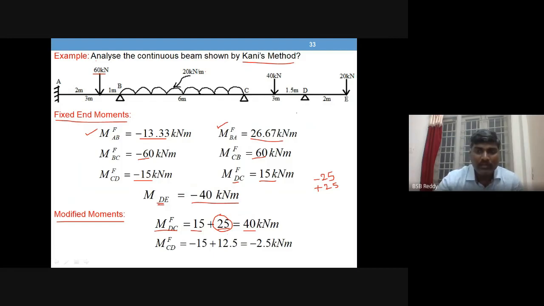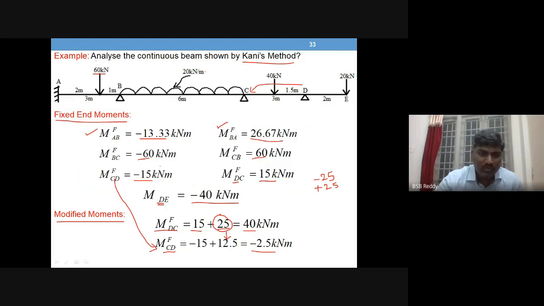For the far end, to see how much you shall carry over, take half the value, that means plus 12.5. What is already there? There is minus 15 already there. So minus 15 plus 12.5, finally you are getting minus 2.5.